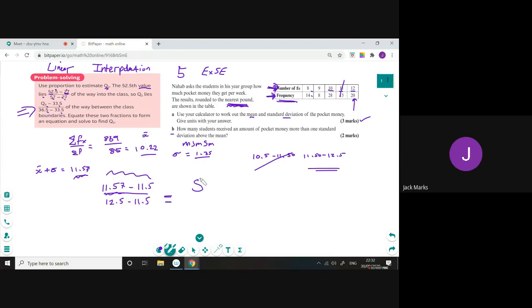So I'm going to give this a letter. This is going to be S, because I'm trying to find how many people this describes, how many people are in the 11.57 position. Well, it's in this group here. How far in the group is it? Well, 14, I'll say, is 22 plus 28 is 50, plus 15.